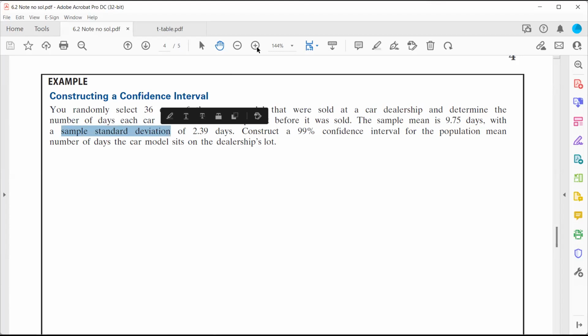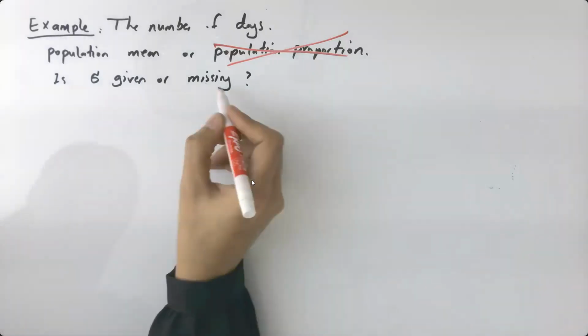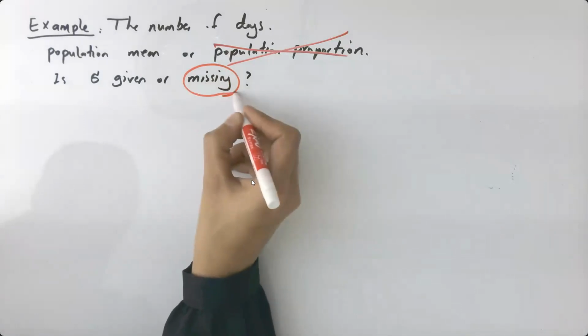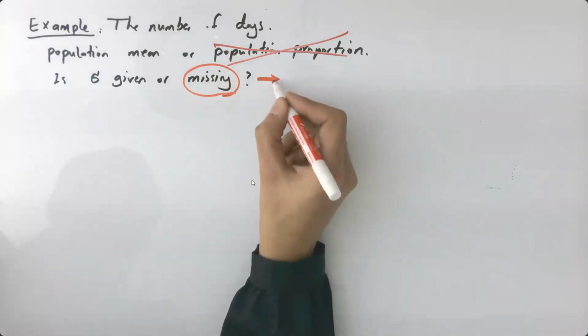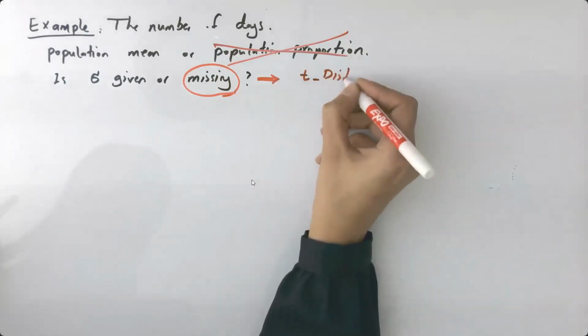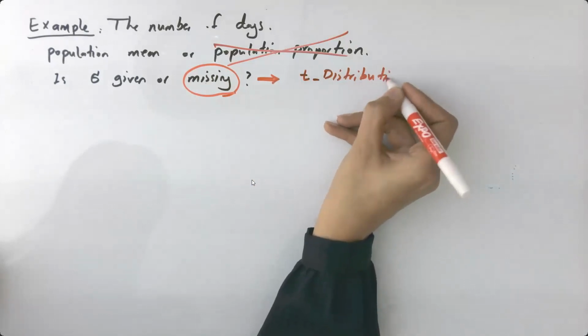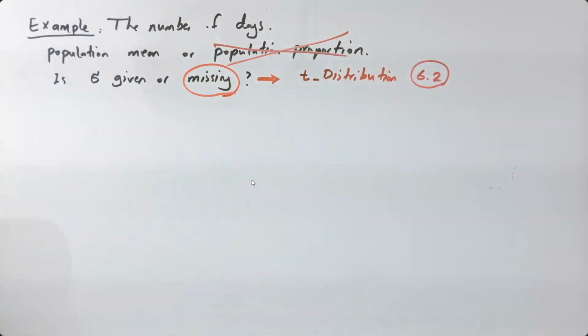It means that population standard deviation is missing. Sigma is missing. Quickly write it down. It means that we are dealing with T distribution. 6.2 T distribution.